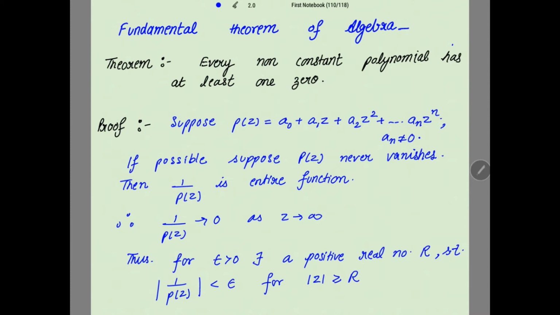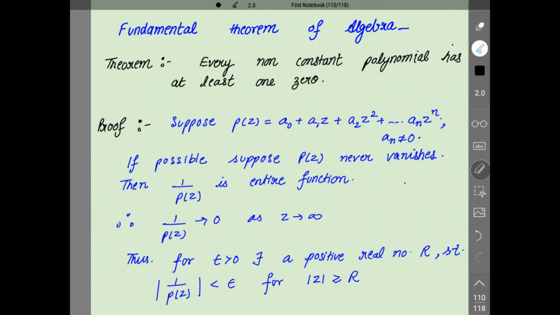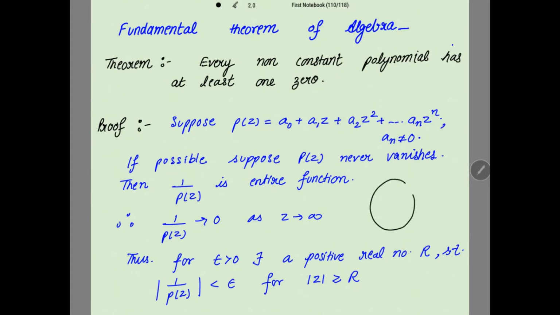That means if we create a circle, take this positive real number to be R. Now if z is tending to infinity, that means if I take the region outside the circle, this 1 over P(z) is bounded by epsilon, right?